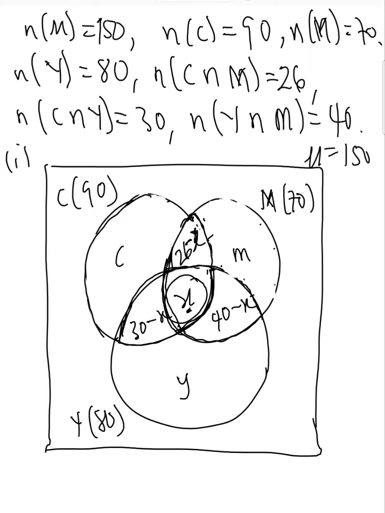So how do we find this? It means we have to sum everything in the 3 sets and equate it to the universal set. Then we group like terms to find the value of x. So to find the value of x, we are going to sum everything in the 3 sets.